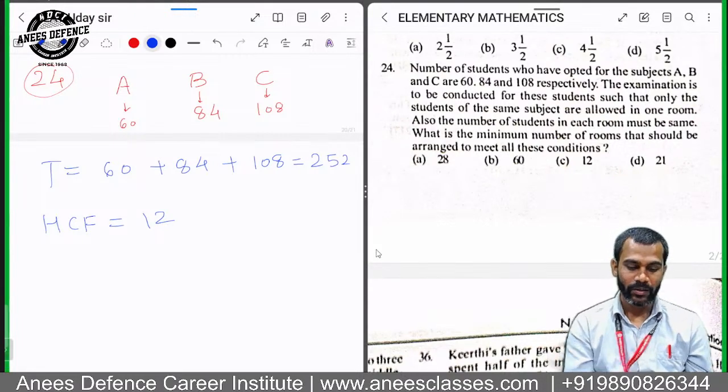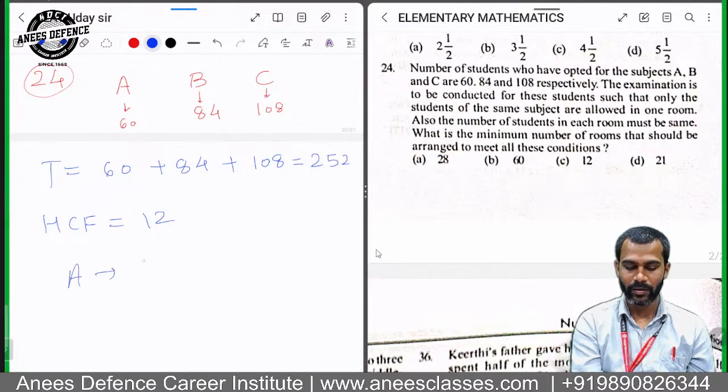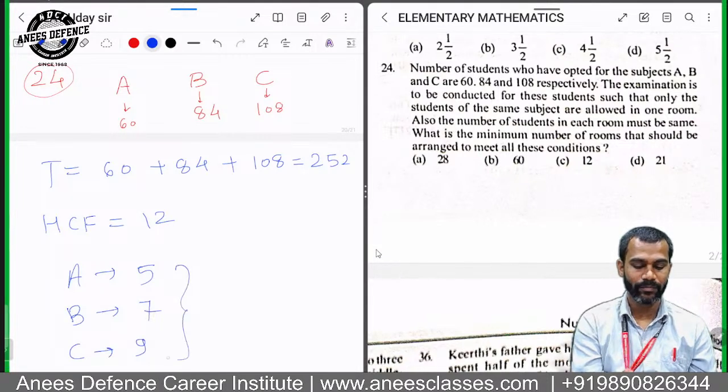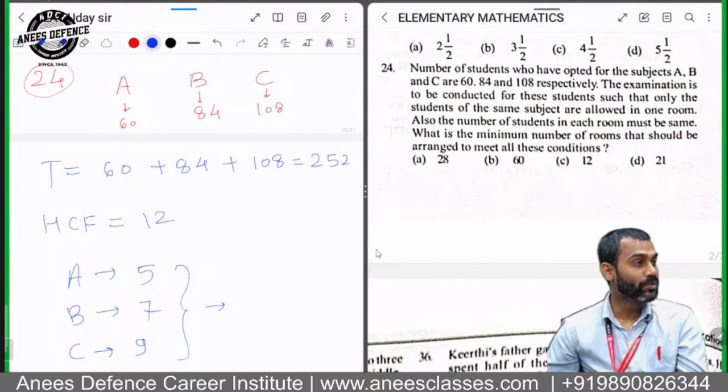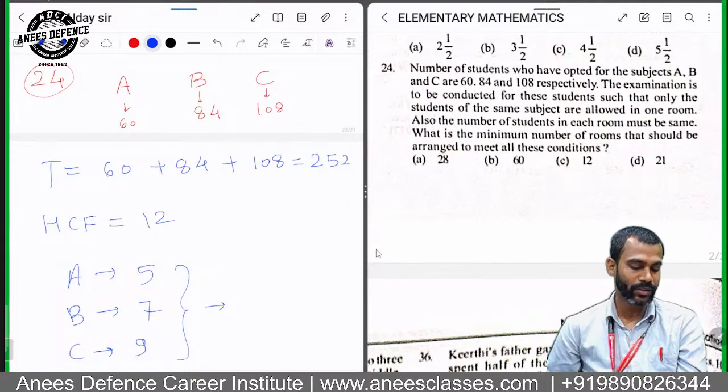Yes or no? So for A subject, how many sections will be there? 5. For B, 7. For C, 9. Add all of them. So these are the rooms that will be needed. Number of rooms: 5, 7, 9.